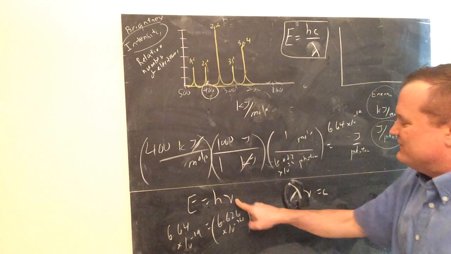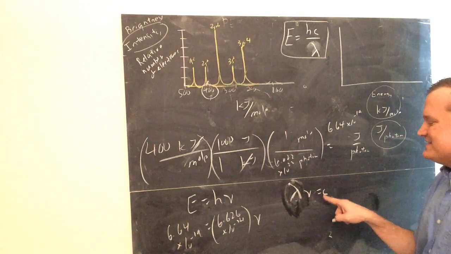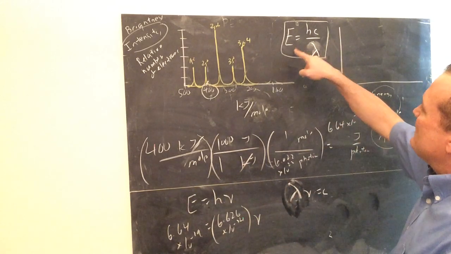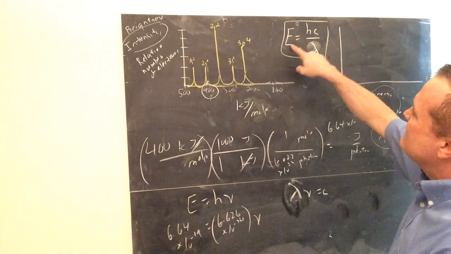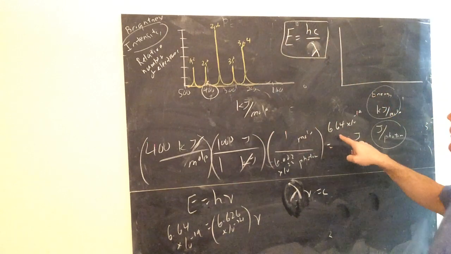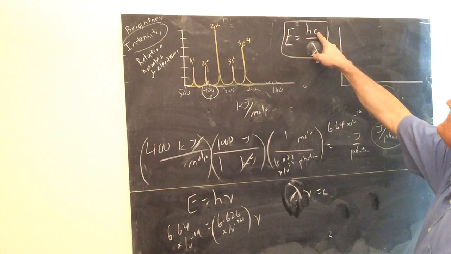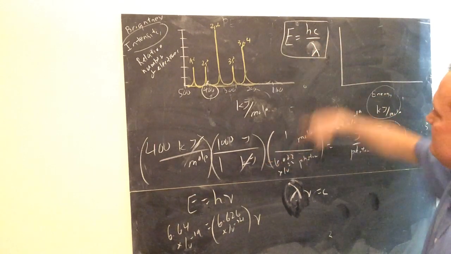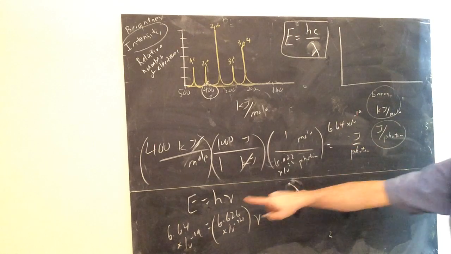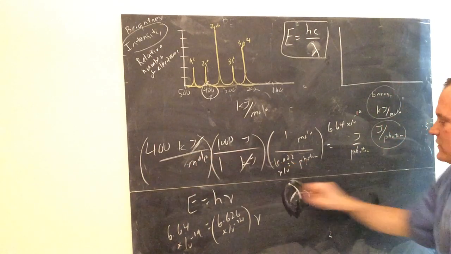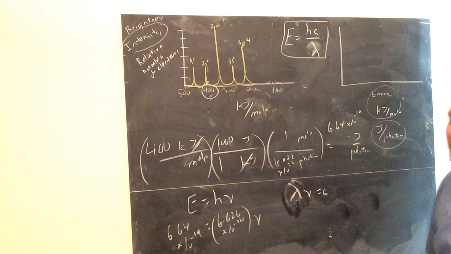I know we call it E equals h nu and lambda nu equals c. It's not a v, it's a nu. But anyway, if you combine them together, you get this equation. This would let you go quicker. If I put in the energy right there, and I put in Planck's constant and the speed of light, I can calculate in one quicker calculation, instead of having to use two equations. I could use one equation. Just wanted to show you that a little bit.